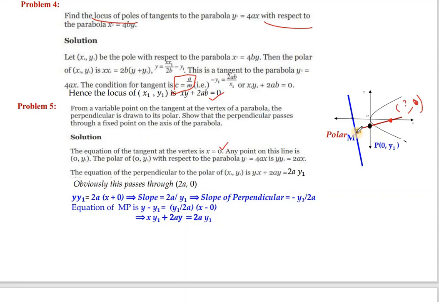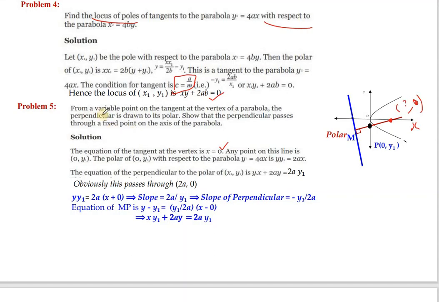So unless we get the equation of this perpendicular, we cannot solve it with the x-axis, which is y is equal to 0. Only then we can get the point of intersection. So the job now is to find the equation of this perpendicular. So this is what we have to do.